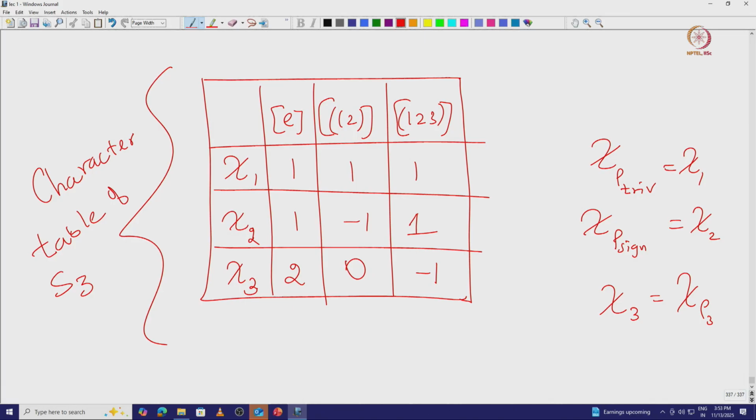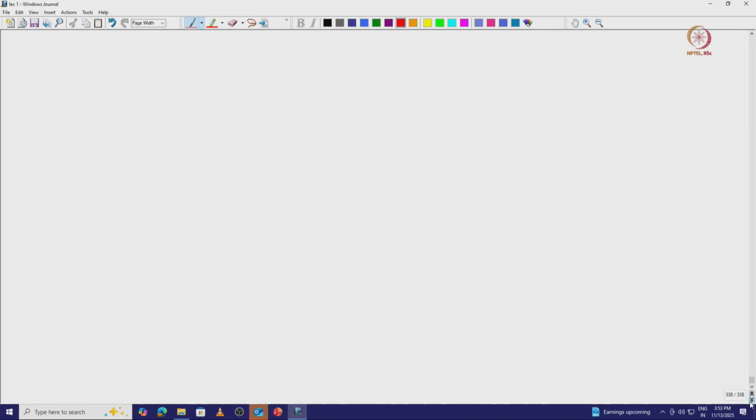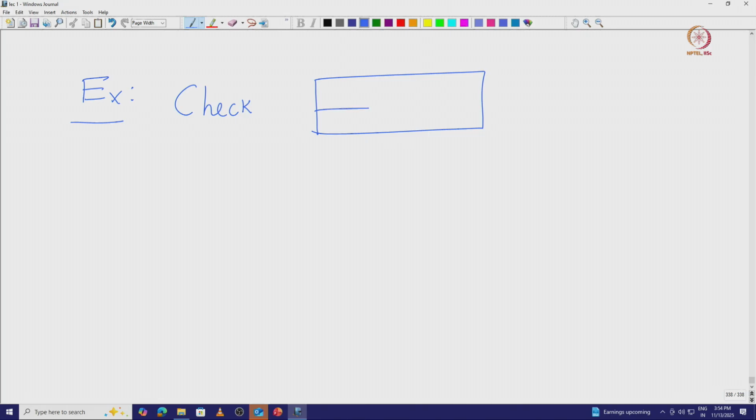Now, maybe I will state some immediate corollary or easy thing to check. If we take the regular representation, it is not hard to see that, so I will leave it as an exercise. Check, when we take the regular representation of this S3, the character is going to be given by the following table.